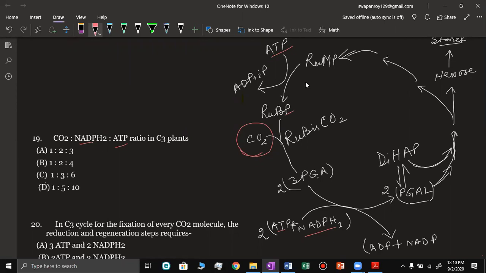This is the regeneration, and this one is the reduction process. So for the reduction per carbon dioxide molecule, 2 ATP, 2 NADPH2, and another ATP.